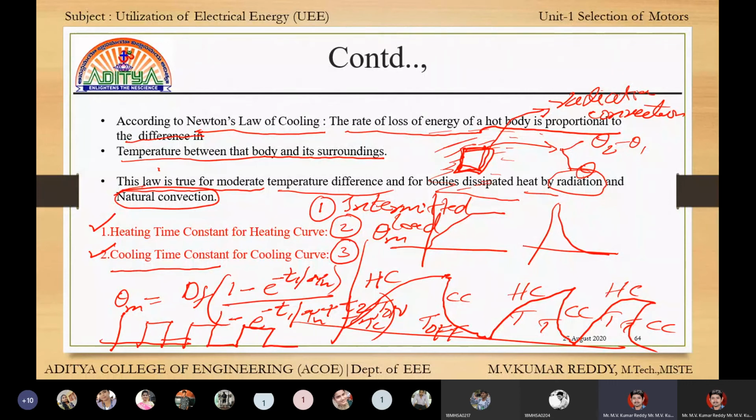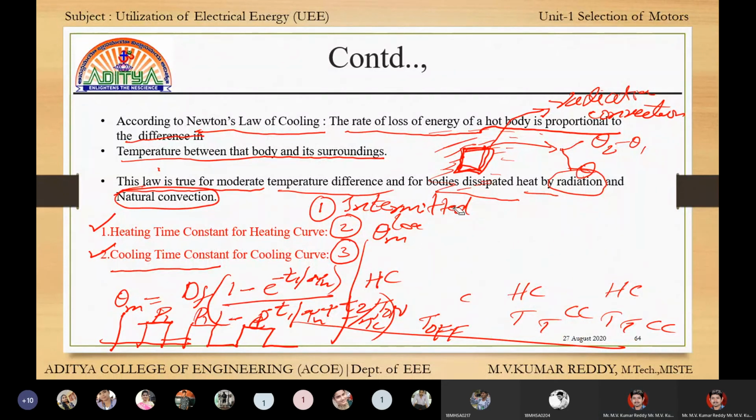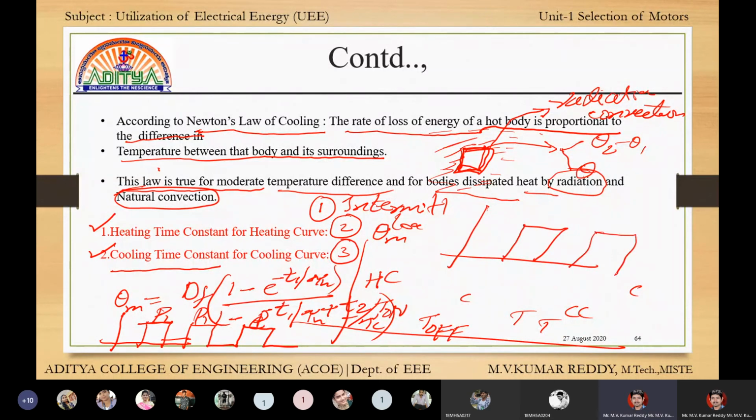In intermittent loads the power is the same: P1, P1 and P1. For intermittent loads the power will be the same. Power P1, and in the next condition also power P1, next one is also power P1.